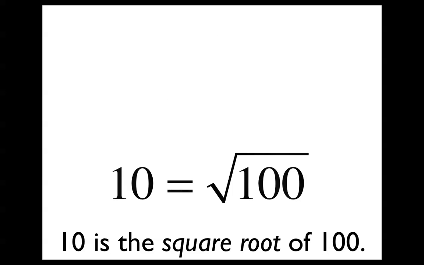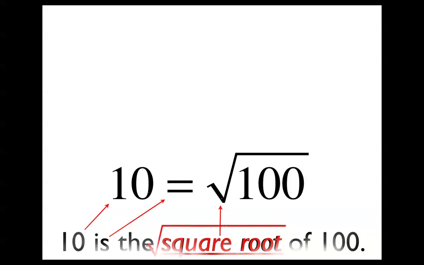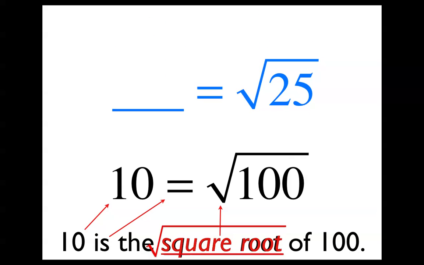The way we write this in math is with this kind of funky little symbol that looks like this. 10 is the square root, with that crazy symbol, of 100. And so if I said, what are we trying to find here? We're trying to find the square root of 25. So what times itself makes 25? Oh yeah, 5 is the square root of 25.